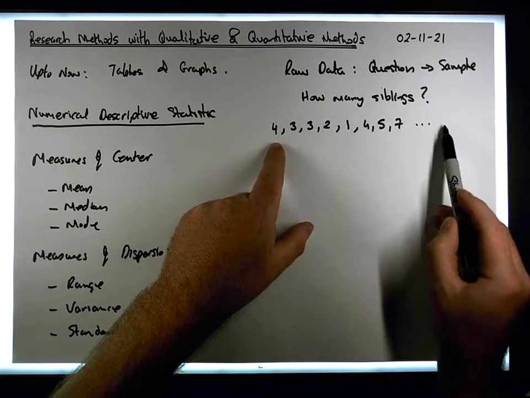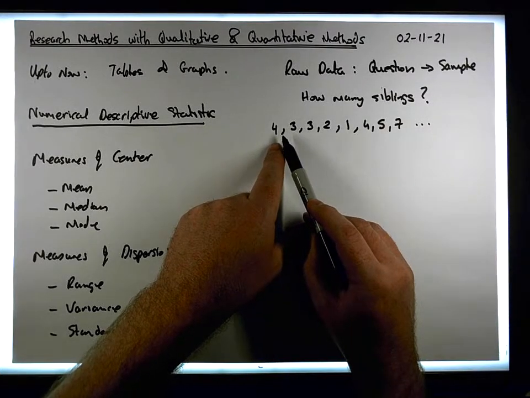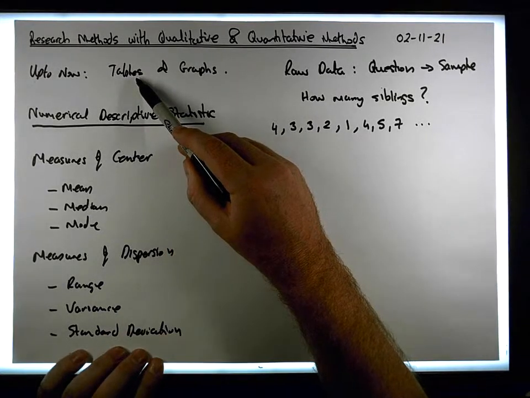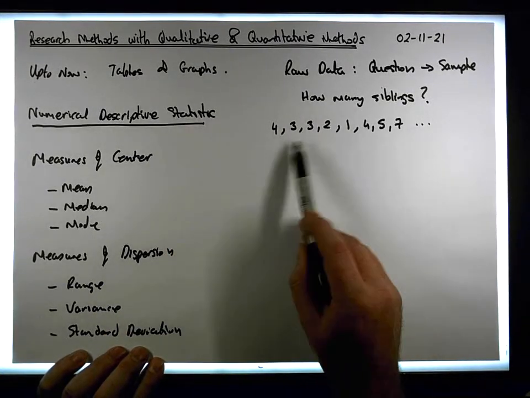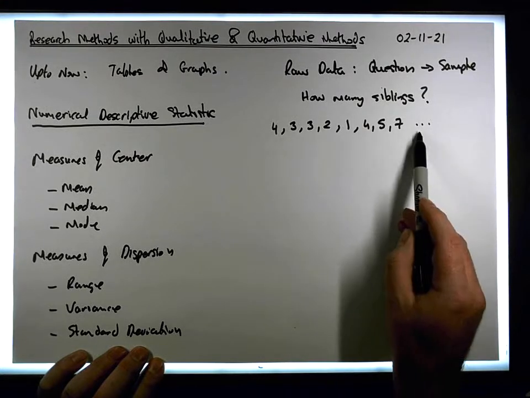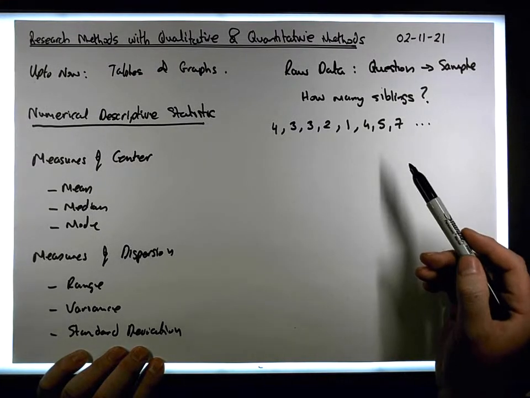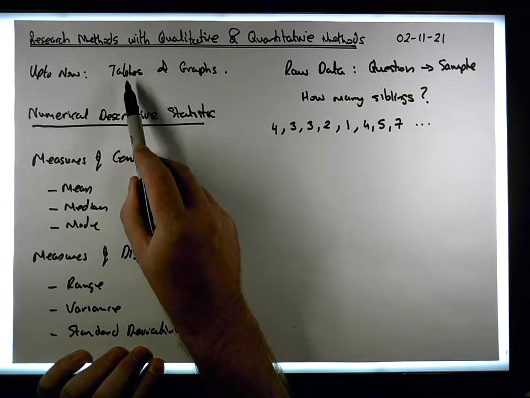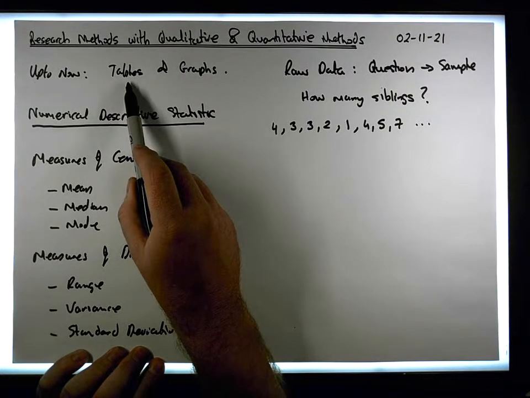Now, what we have done up to this stage is that we've taken a data set, a set of numbers, measures associated with some question, and we've produced some tables that allowed us to summarize those responses so that we could see important characteristics. We had a look at frequency distributions, relative frequency distributions, cumulative distributions, and relative cumulative distributions.